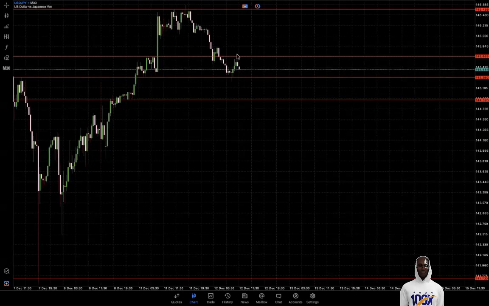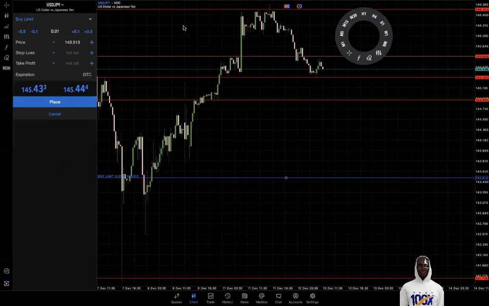Do you get it now? So we are left with three options. If you have capital and you don't have the time, you can buy immediately, set your stop loss somewhere here and your take profit up here.